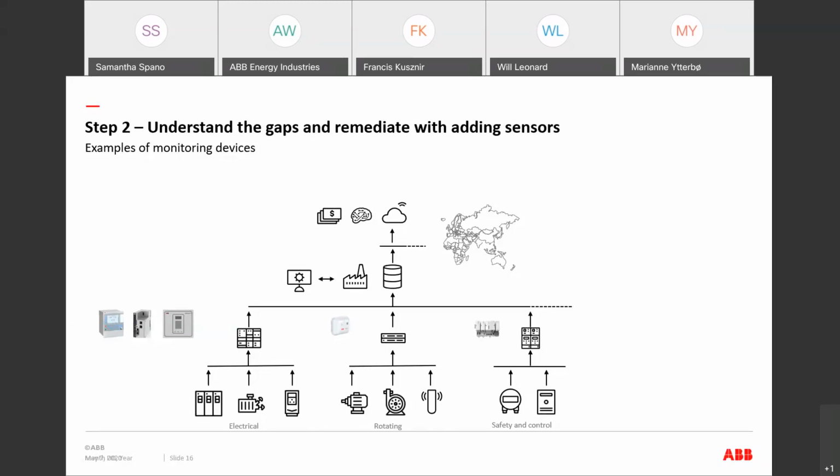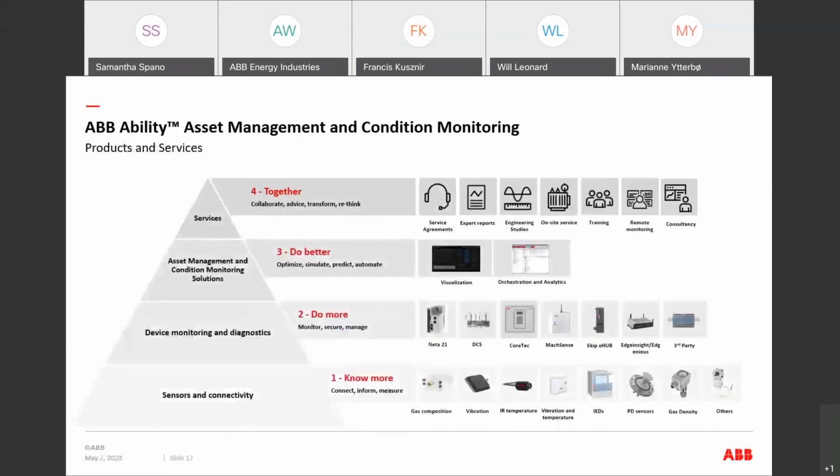If we look at the next slide, we see an overview of various types of sensors and devices offered by ABB to collect different types of data and monitor different types of equipment. And we also offer software solutions for orchestration, analytics, and visualization.